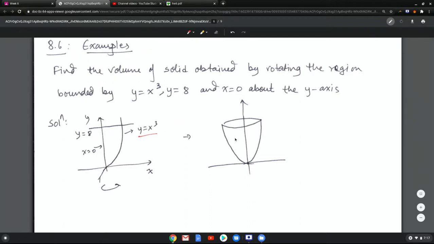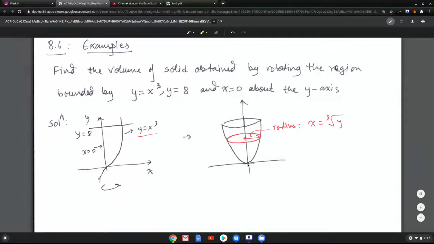So again, we get a bowl kind of shape, and that's going to be my generic shape, and this radius is going to be the x value, which is the cube root of y.